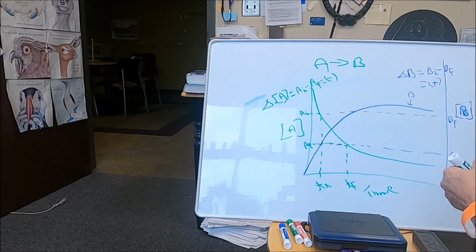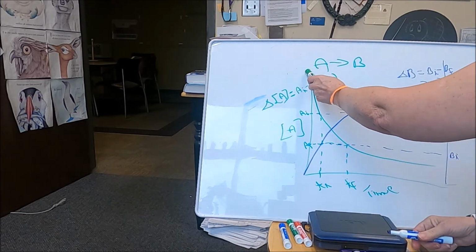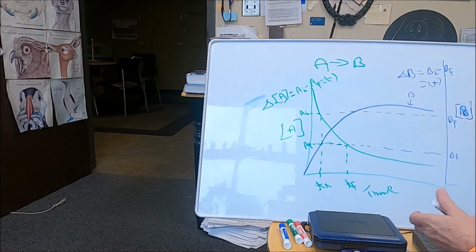Now, if I look up here at our reaction, okay, A going to B, stoichiometrically, they're in a 1-to-1 ratio.